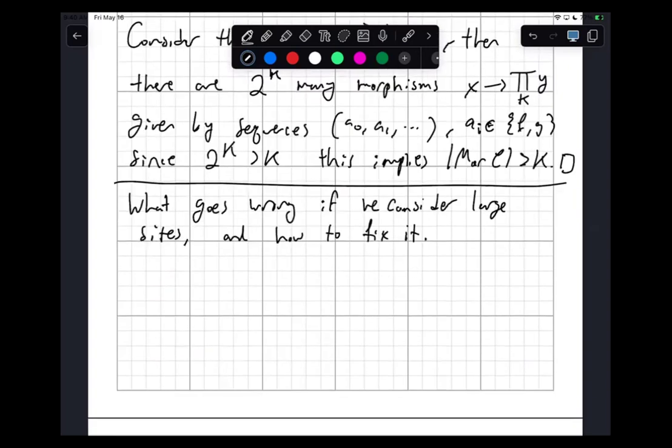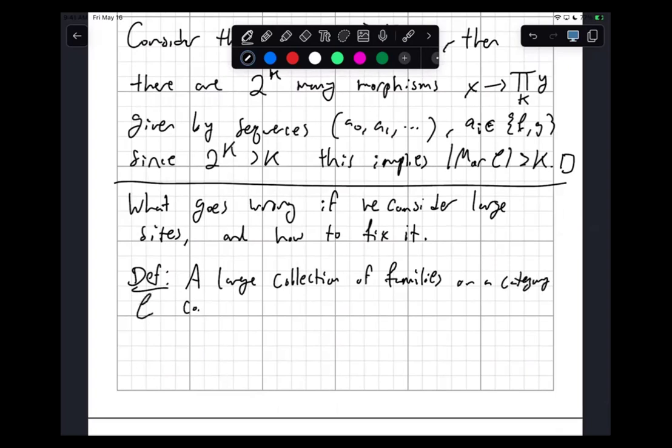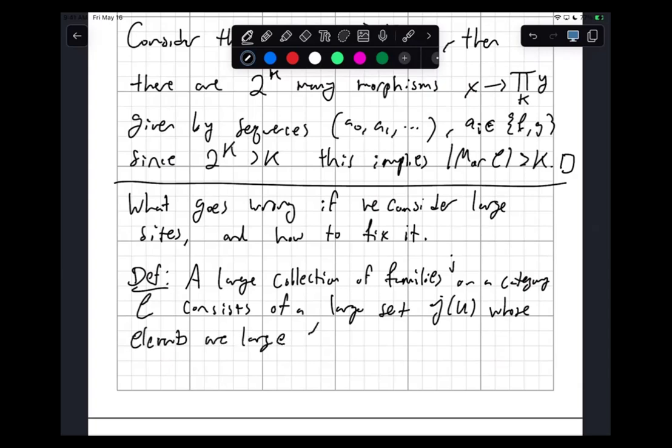First thing we need to do is just copy over all of the definitions from previously to large categories. So a large collection of families on a category C consists of a large set J of U, whose elements are also large sets, are large families of morphisms.